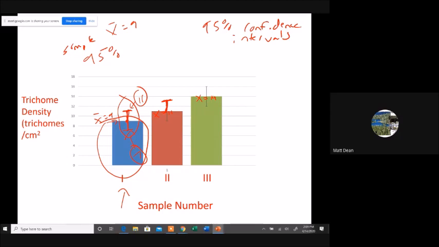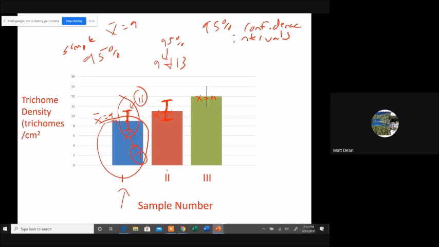So we'll go down to 9. Connect that with a vertical like so. So for population 2, we can be 95% sure that the mean of the whole population is somewhere between 9 and 13.